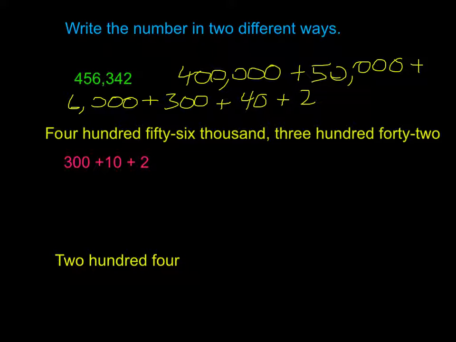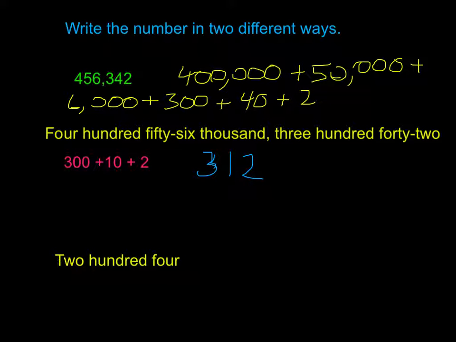On our next one here, we have it written in expanded form. So we have 300 plus 10 plus 2. And so we're going to start by writing that in our standard form. And so we're going to say our 300, and our 10, which would be a 1 in the tens column, and a 2.